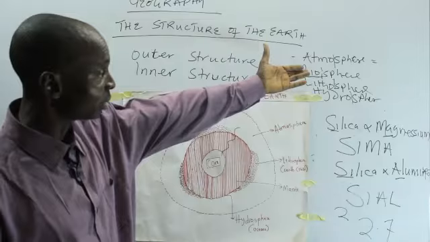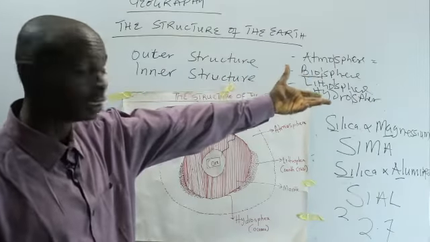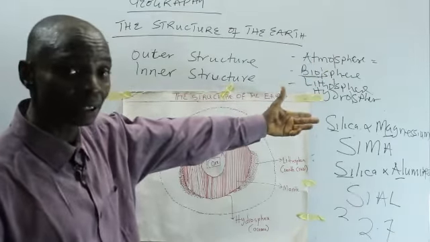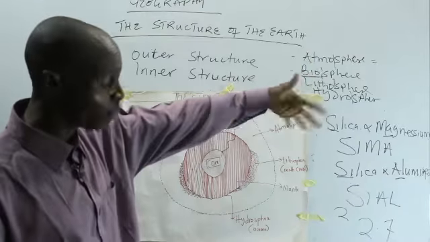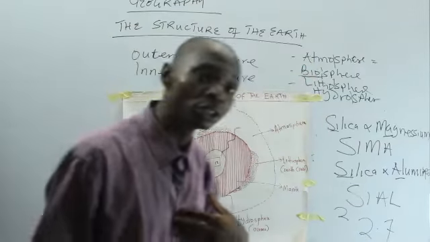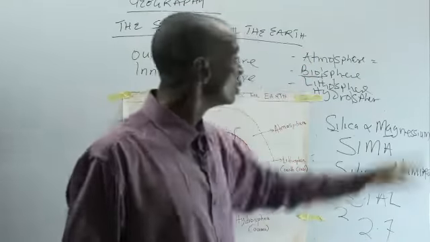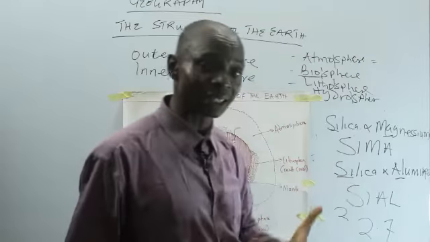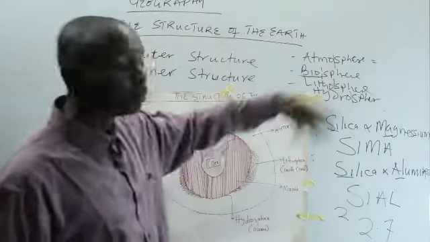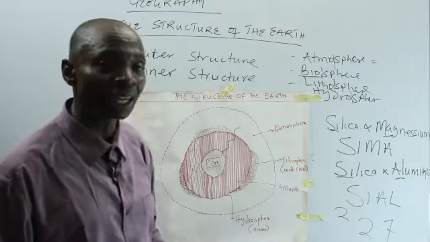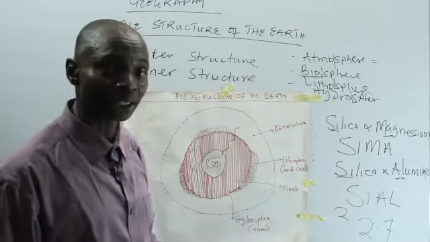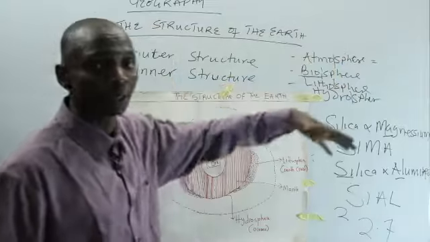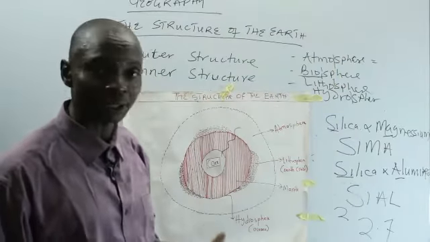You know that atmosphere provides gases for respiration, gases for photosynthesis, because plants manufacture their food so that we eat. They give us oxygen, and we give them carbon dioxide. So without the gases in the atmosphere, man cannot exist.